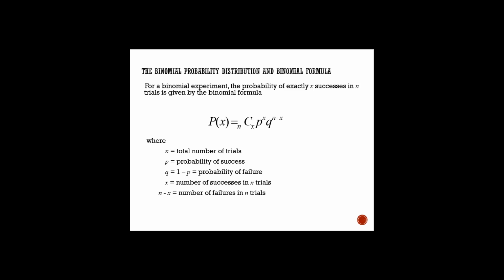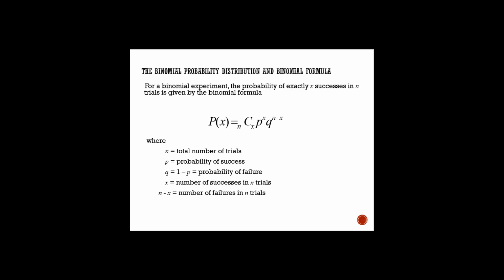Now, a success in a binomial is not necessarily a good thing in real life, but it is whatever the researcher has identified that the researcher is looking for. And so we know the probability of that success. If we know the probability of the success, we also know q, which is really the probability of failure, which is always 1 minus p, because a binomial only has two possible outcomes.